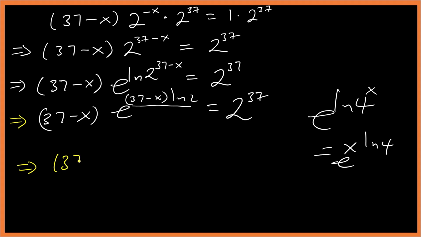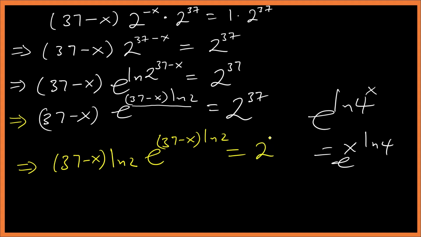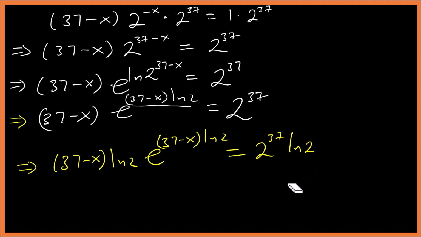So we have e raised to 37 minus x ln of 2 times 2 to the power 37 ln of 2. Okay, so with this, we can go ahead and take the Lambert W function here.